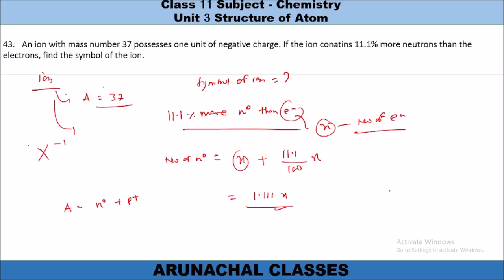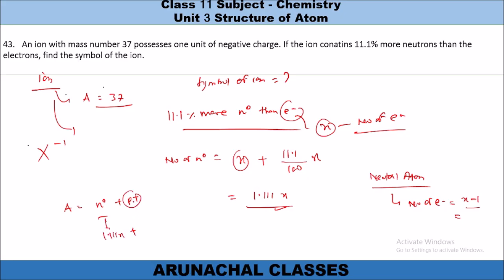Now, how many electrons will there be if it is a neutral atom? As the ion has x electrons with charge minus 1, the neutral atom will have x minus 1 electrons.